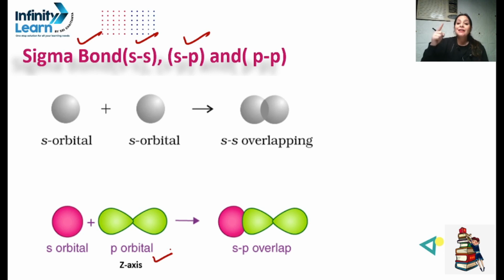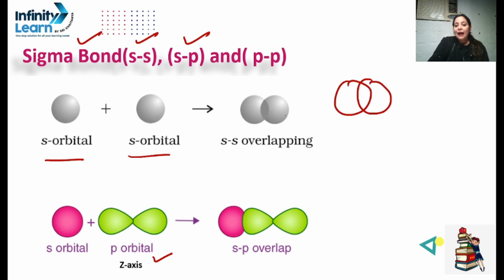Okay, always the z axis one, because it is symmetrical about the same z axis. So now when two s orbitals combine, you see that they overlap head to head, and this kind of s-s overlapping means a sigma bond is formed. Even s can overlap with p, but only pz. Okay, then they can overlap head to head, and sp overlap is formed. Again, that means sigma bond is formed.